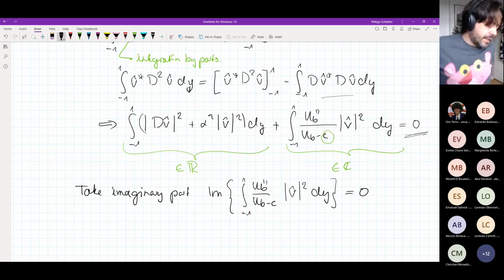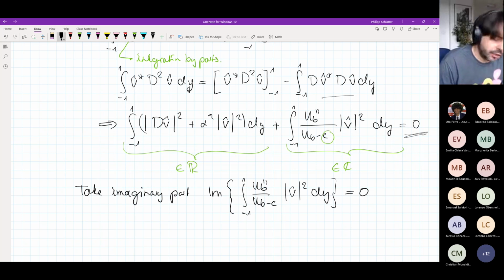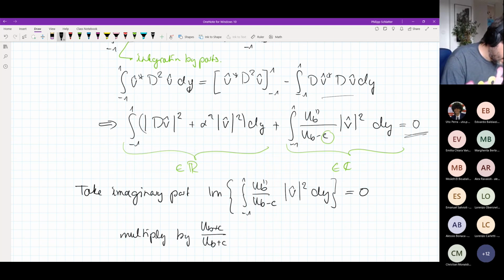Okay. Well, what can we do here? Not so much, because we have the problem that our complex value, the c, is in the denominator. We actually would like to have that in the numerator. So we do the usual trick here also. We multiply by ub plus c divided by ub plus c.